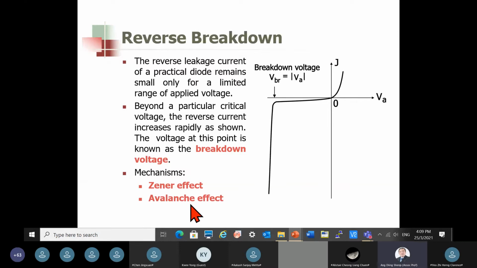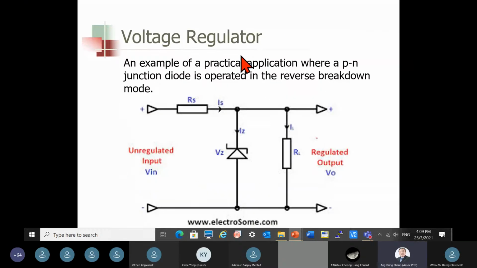Now, before I go into the discussion on the physics, I just want to tell you that reverse breakdown is not necessarily a bad thing. In case some of you think that it is bad because of the way the term is phrased, reverse breakdown, I just want to tell you something about its practical application.